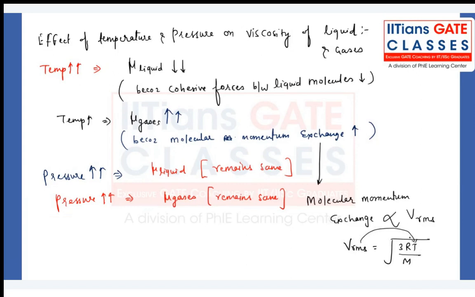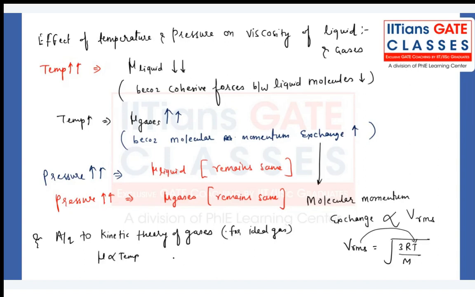Yes, that is the kinetic energy, according to the kinetic theory of gases. And more sources suggest that according to the kinetic theory of gases, for an ideal gas, viscosity will be directly proportional to the square root of temperature, and kinematic viscosity will be directly proportional to T to the power 3 by 2.